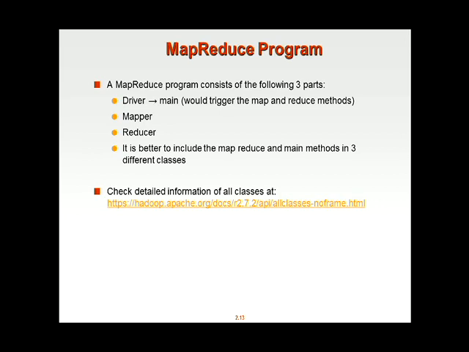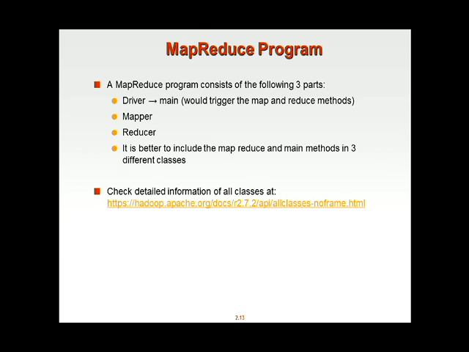You also need to write the mapper class. This defines how the map function works, how you transform the data into the intermediate results. And the last one is the reducer class. In this reducer class, you need to give a reduce function, to tell MapReduce how you will do the aggregation to generate the final output.